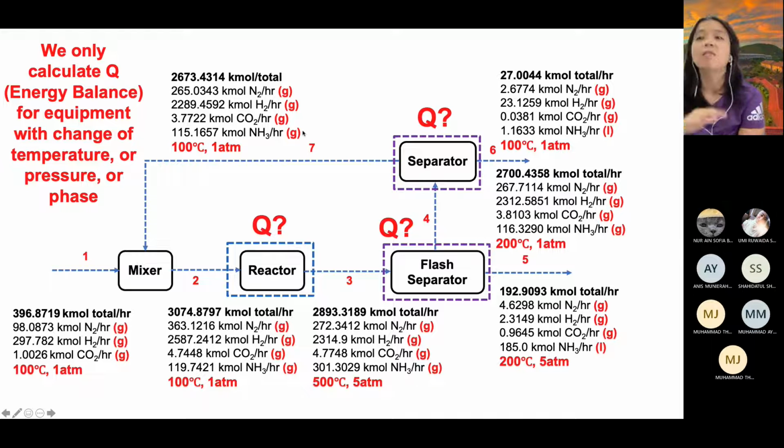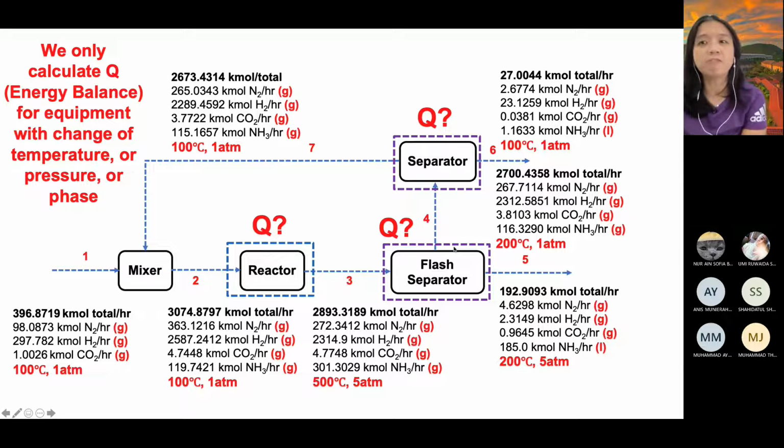Okay, now when you have already gotten all the stream information, as I told you, temperature, phase and pressure, then only you will determine which equipment yang memerlukan pengiraan.